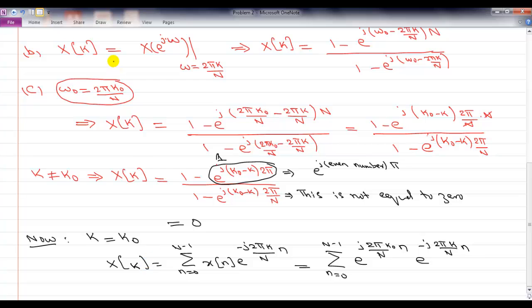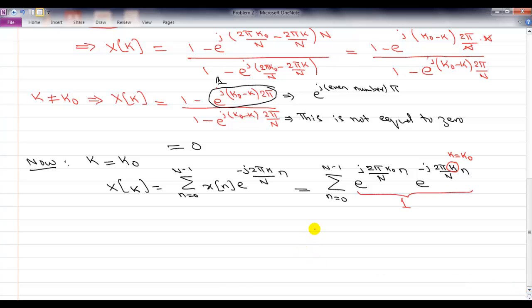And now we are interested in the case where k equals k naught. So if I replace k equal to k naught, then what do I get? This whole thing is e to the j theta times e to the minus j theta. That's just 1. So each of the terms is 1. I have N of these terms. I get capital N. Okay. So my DFT is given by 0 for k not equal to k naught, and N for k equal to k naught. Okay.